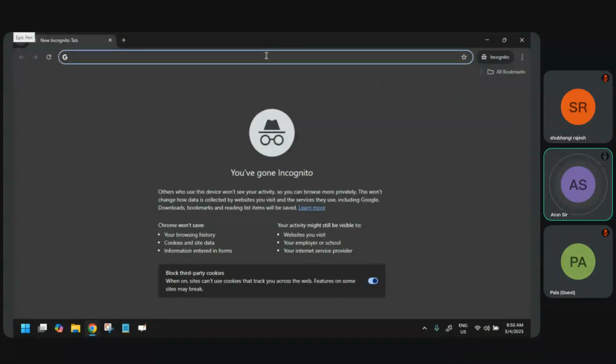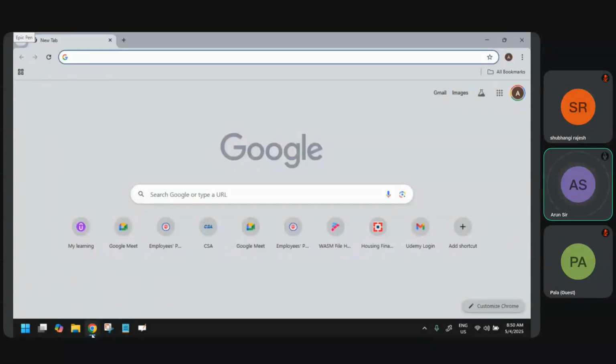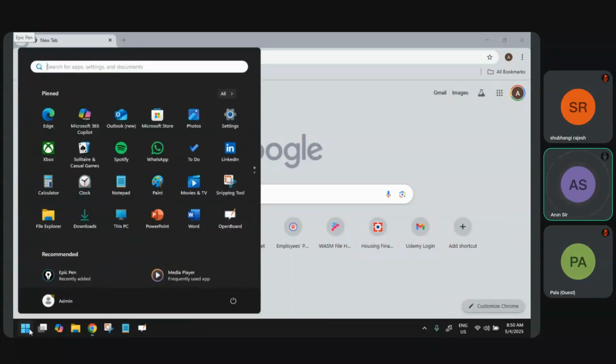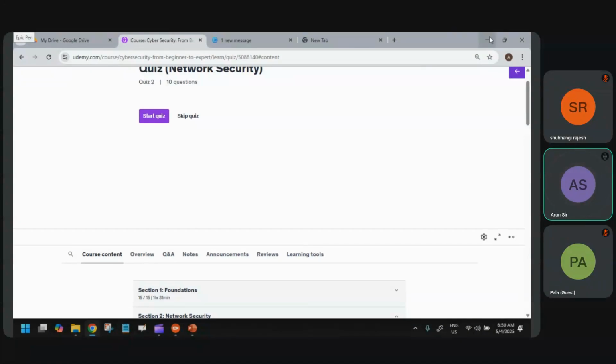Is the screen visible to you all? Okay, or just wait.